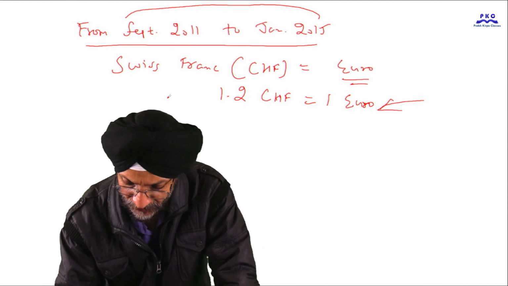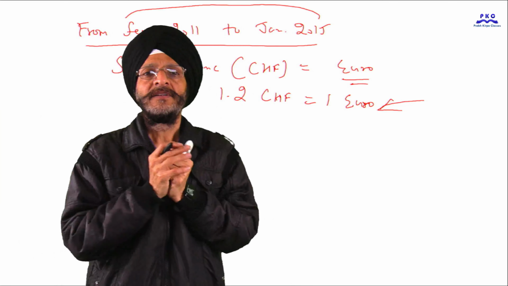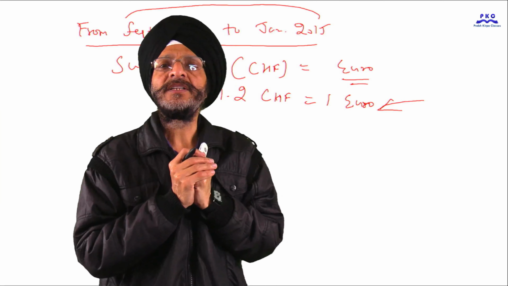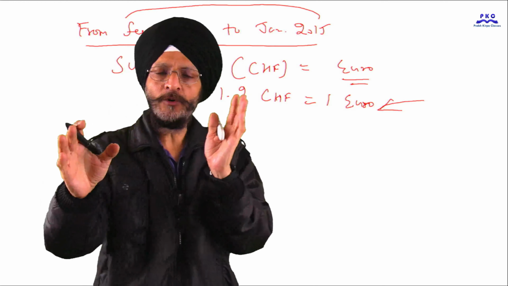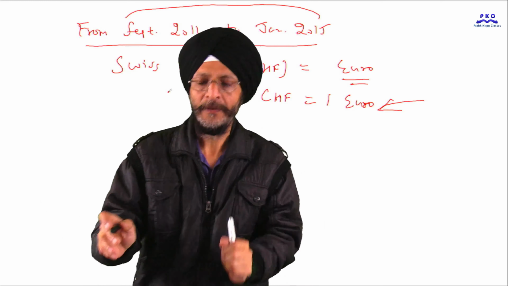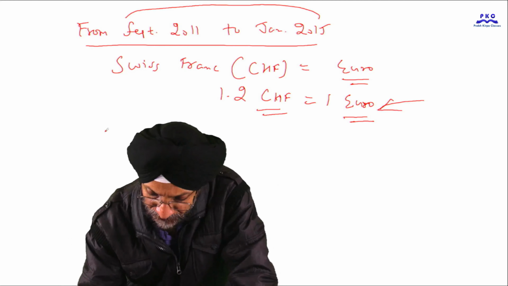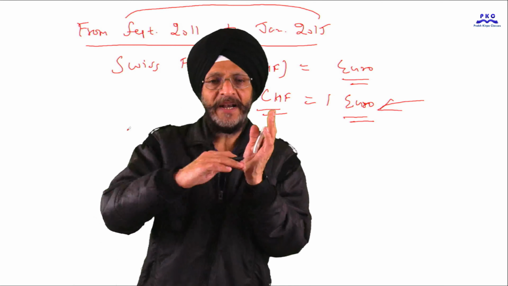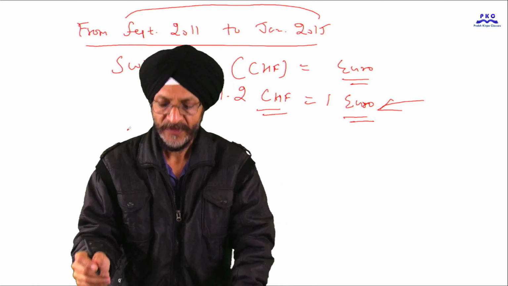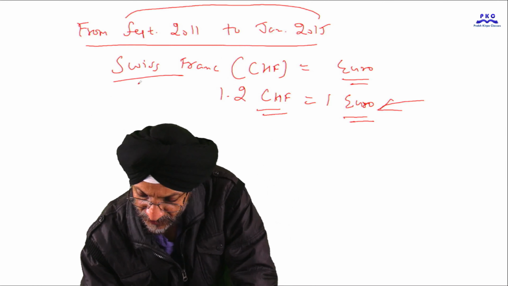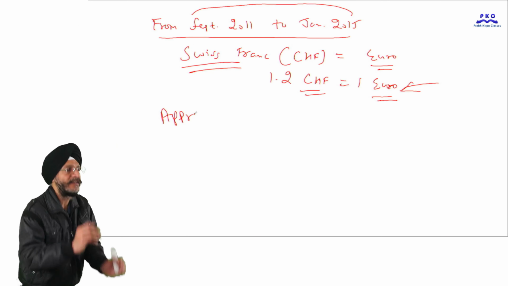We have mentioned only approximate figures. But in January 2015, they abandoned the policy of maintaining the exchange rate between the Swiss franc and euro. Due to this abandonment, the Swiss franc appreciated. The currency of Switzerland and Liechtenstein.